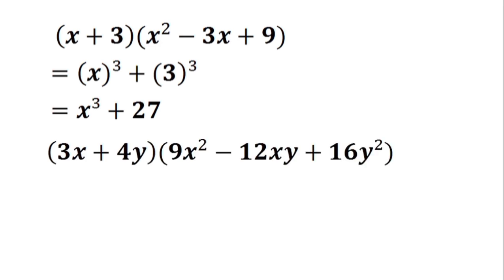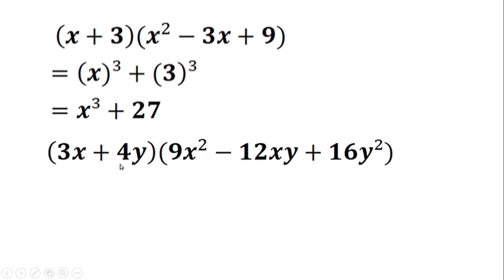Another example is 3x plus 4y times 9x squared minus 12xy plus 16y squared. So take note that the first term here is the square of 3x. The middle term is the product of 3x and 4y, 12xy, and this is plus and this is minus.